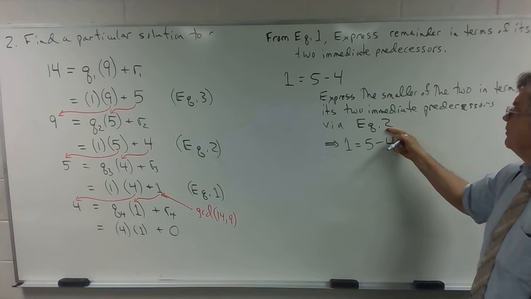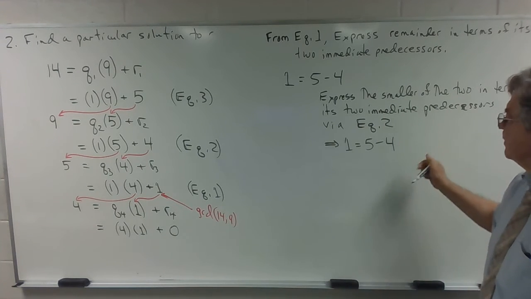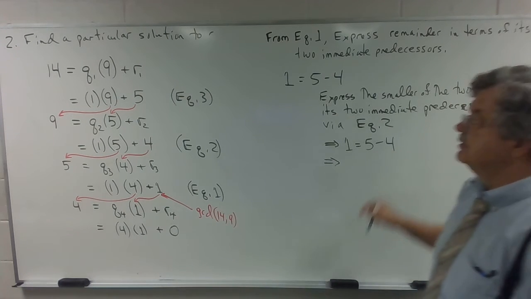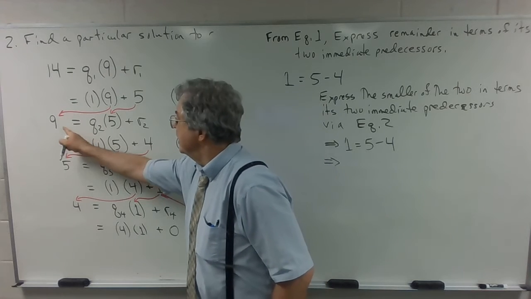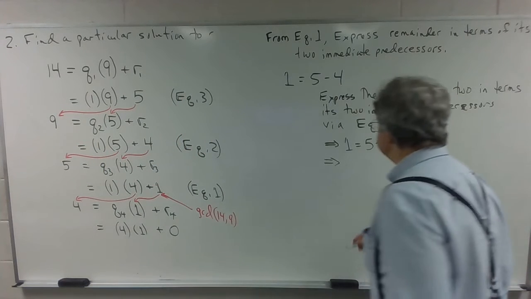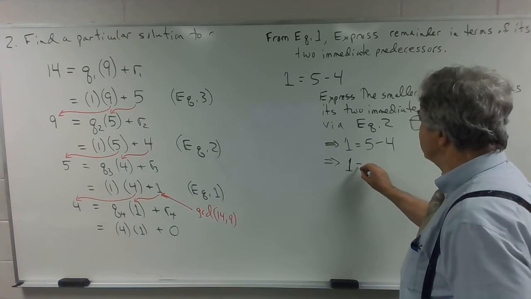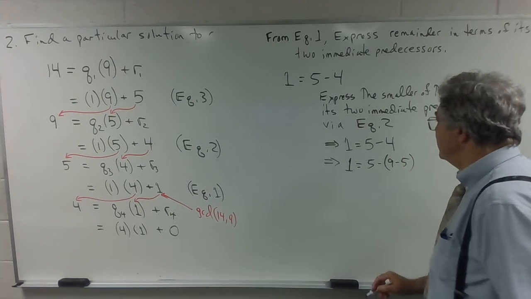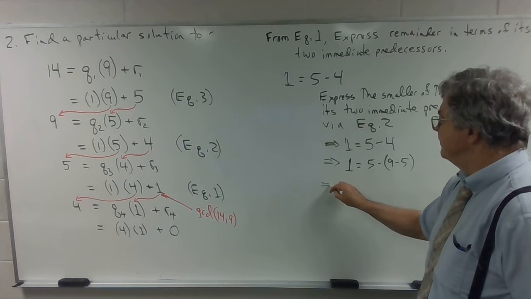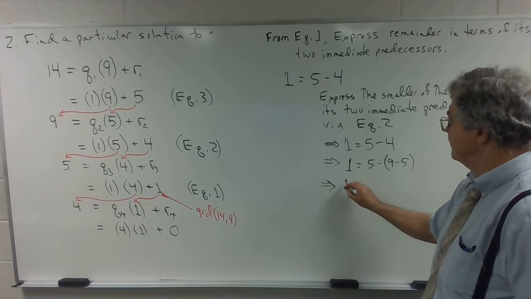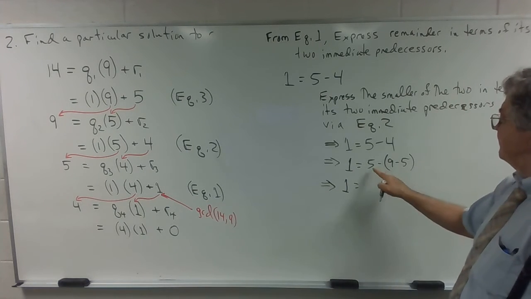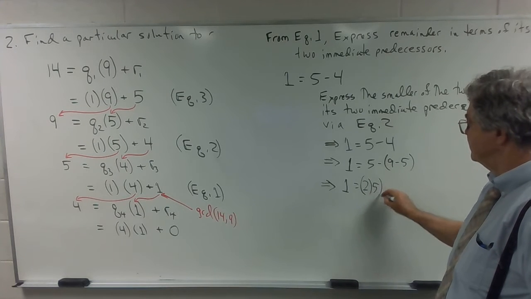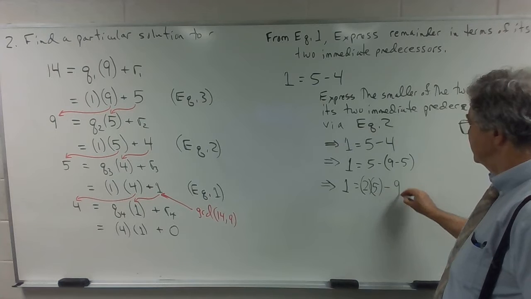So by equation 2, 4 equals 9 minus 5. And we simplify things a little bit. And we get 1 equals 2 times 5 minus 9.